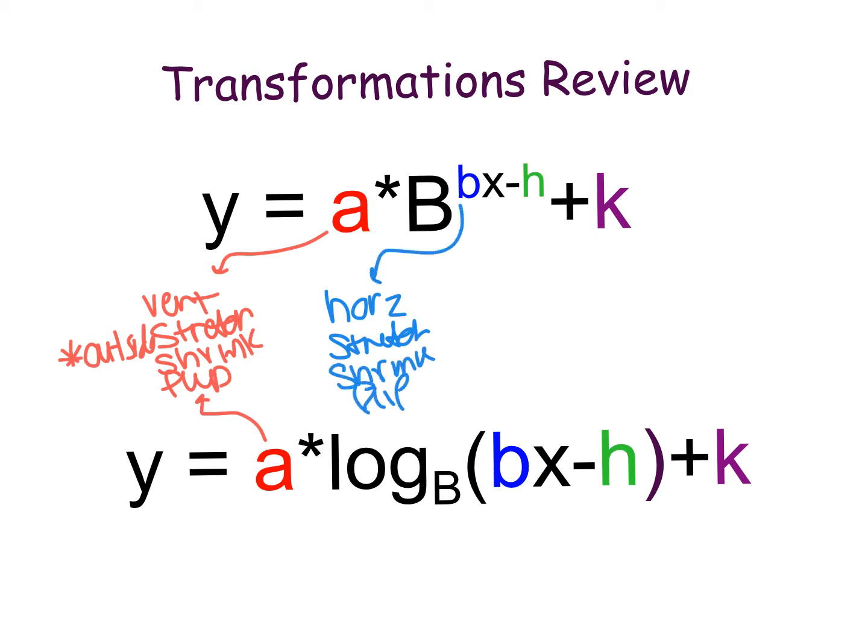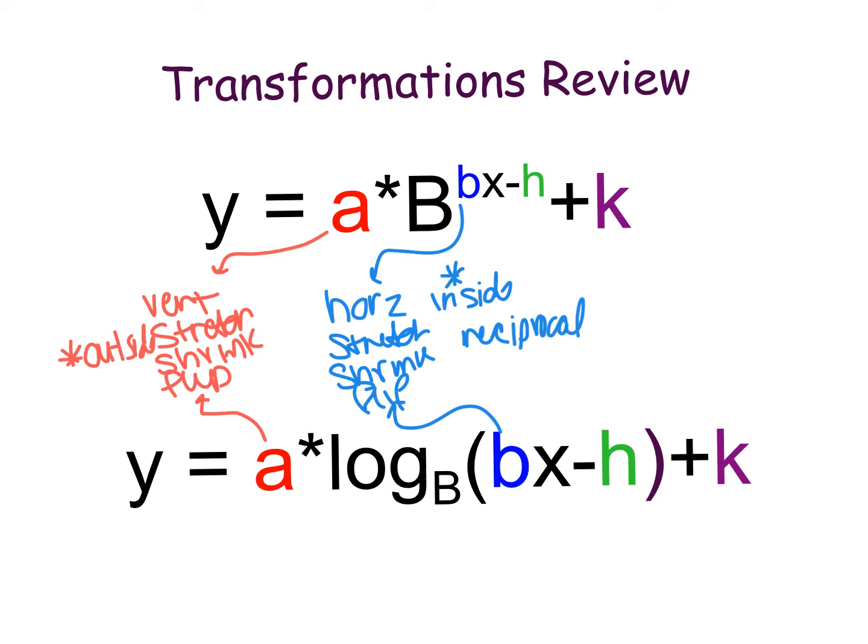And this one is going to happen on the inside of the function, and it's again going to be multiplication. We can see x gets multiplied by b, and remember that this one deals with the reciprocal. So if we're told that we have a stretch of 2, we're going to flip it to its reciprocal of 1 over 2. So remember, this uses the reciprocal, so we have a flipped fraction here.